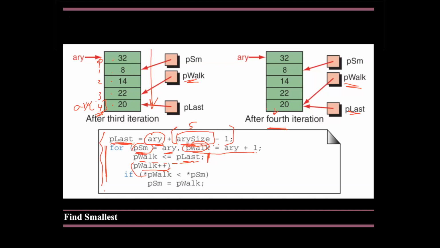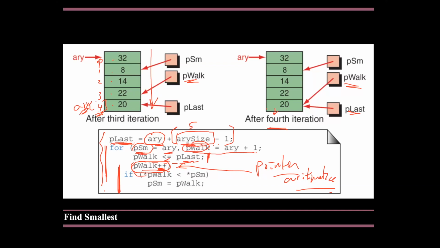P walk, this very last increment, is using what we call pointer arithmetic. So it's very important that we keep tabs on p walk. We want to make sure that p walk is less than or equal to p last, because once you go beyond, 4 into the 5th or 6th location of ARY, you're out of the boundary.